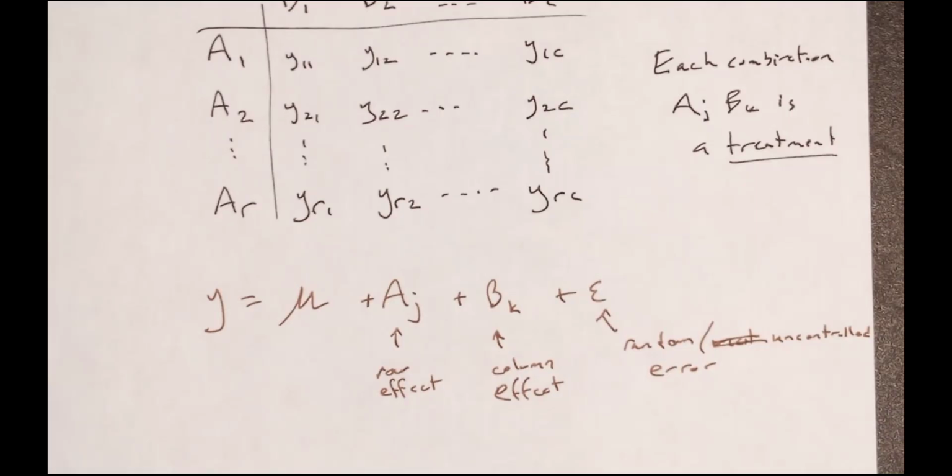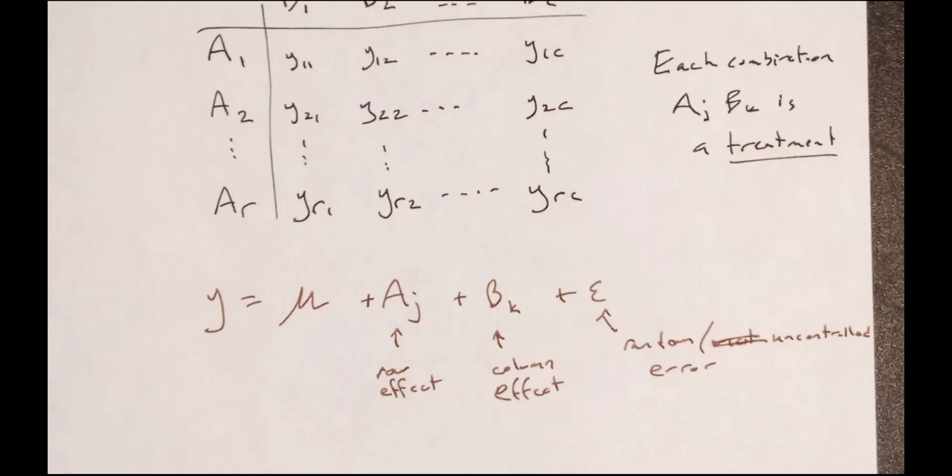But if I think there's some grand mean, I'm really testing two different things. I'm testing do the rows have an effect, and I'm testing do the columns have an effect. And then I'm looking at interactions. So I really have two sets of null hypotheses.